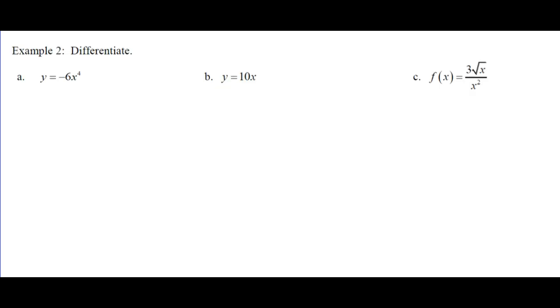Differentiate. Okay, so if y is negative 6x to the fourth, then y prime is equal to c, that's the constant, times f prime of x. Okay, so what's f prime of x to the fourth? 4x to the third. 4x cubed, right?